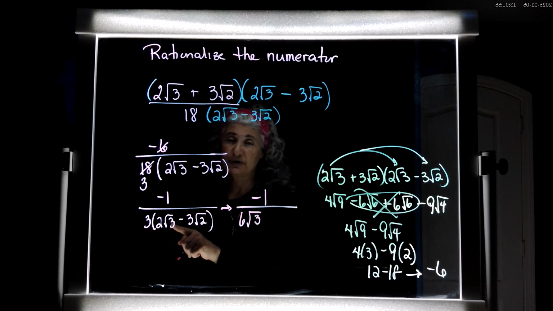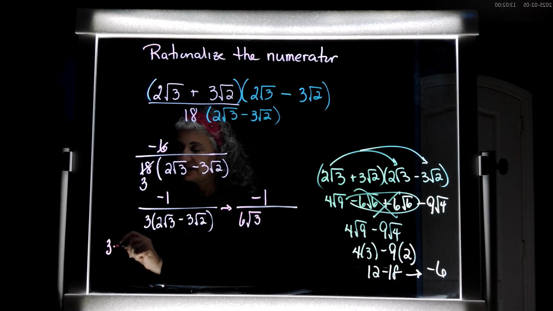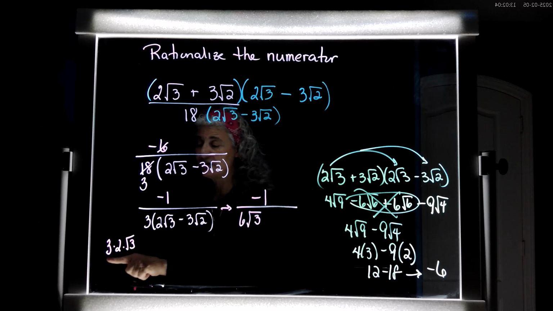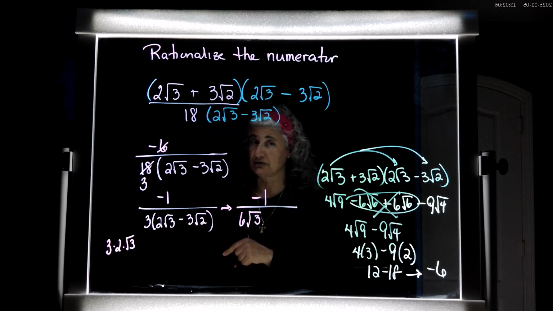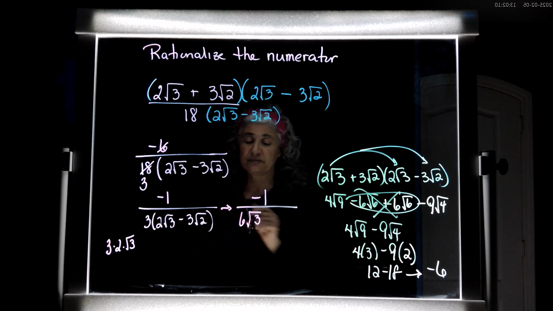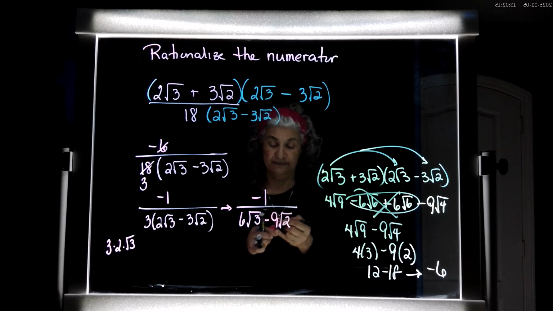Remember, you can only multiply a square root by another square root. And this is 3 times 2 times square root of 3. Some of you need to write it out this way to know that you can only multiply the 3 and the 2. All right. And now I distribute the 3 to the second term. Negative 9 or minus 9 times the square root of 2.